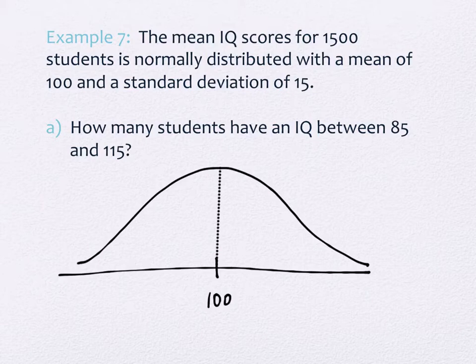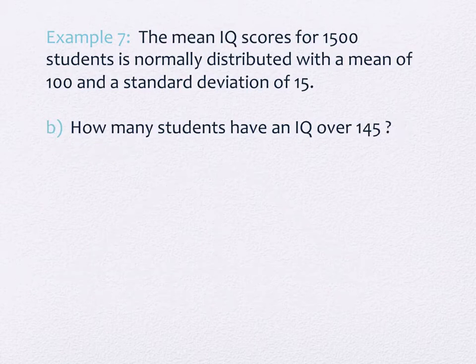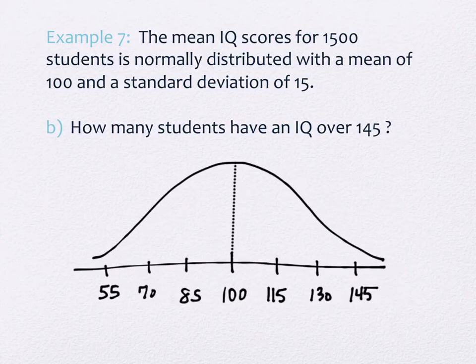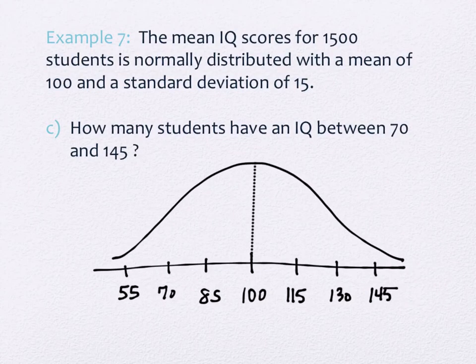It says my standard deviation is 15, so I go out 15. So I've got 115. 15 again puts me at 130. 15 again puts me at 145. And then I go the other direction, so I'm at 85, then 70, and then 55.